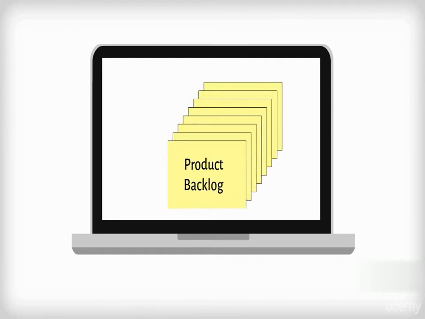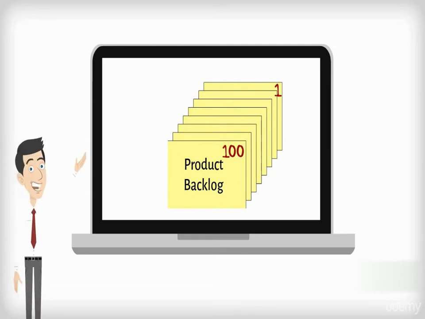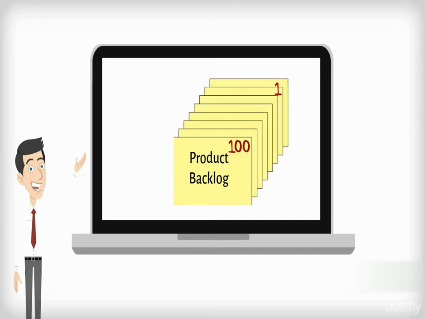The highest priority item can be numbered 100 and the lowest 1, for example. It does not matter as long as the product owner can quickly and easily change the priority of any item in the backlog to give it a visual order. The highest value items can then be picked up for the oncoming sprint.